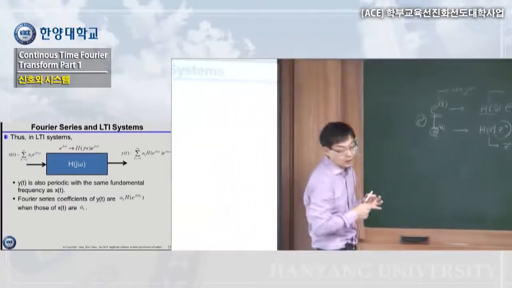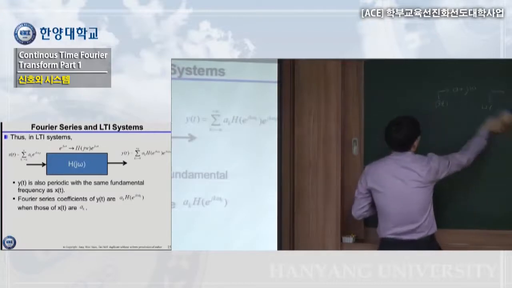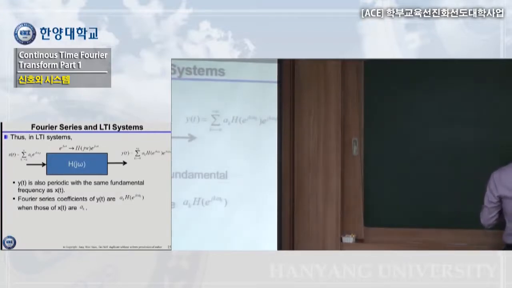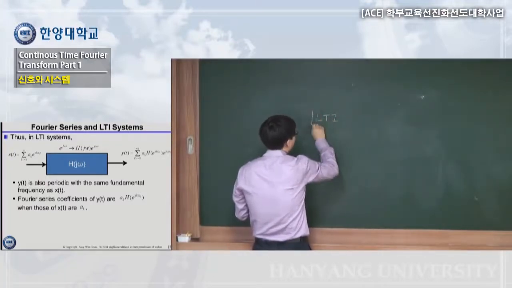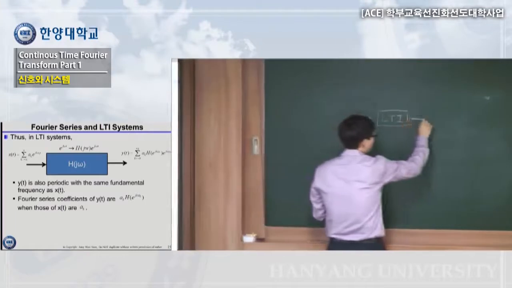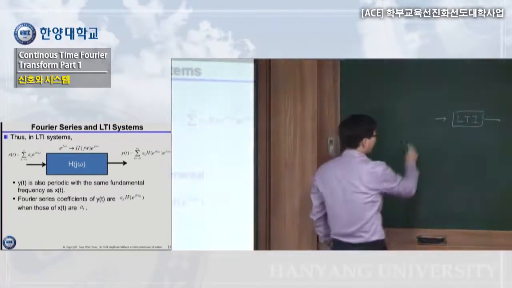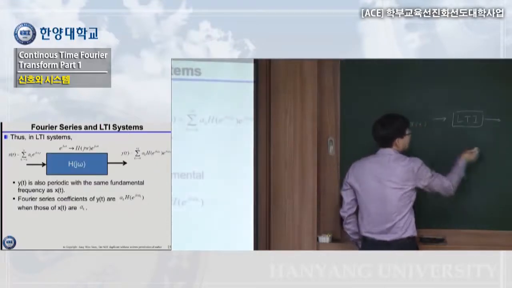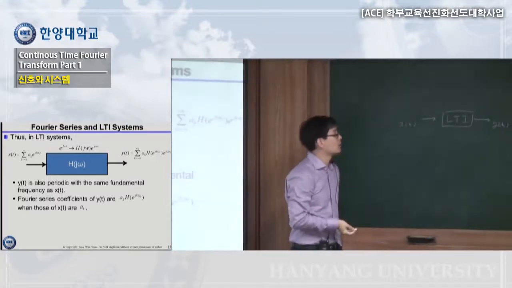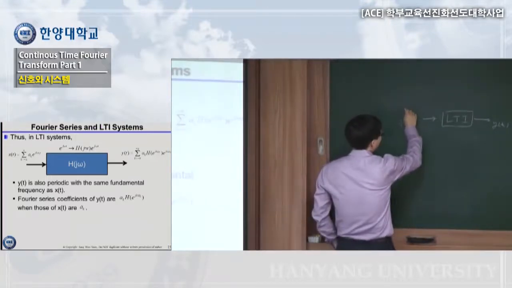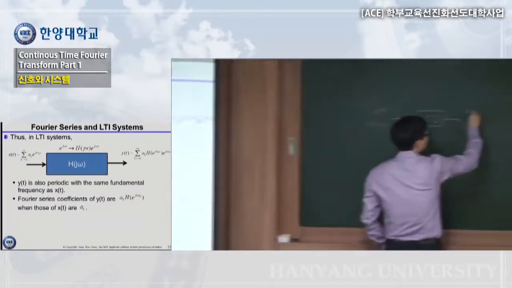So in a linear time invariant system, if you have an input of x and an output of y, in chapter 2 on linear time invariant systems, we learned that if the input is delta, then the output is h.